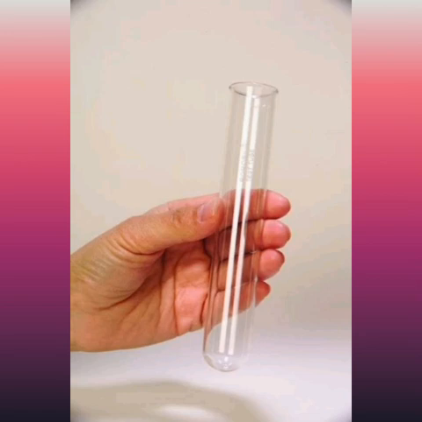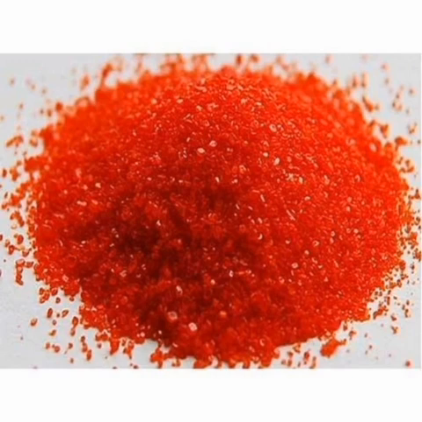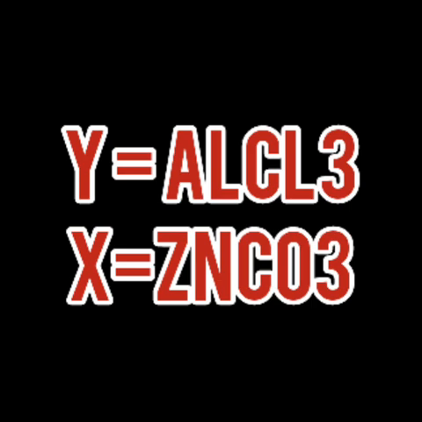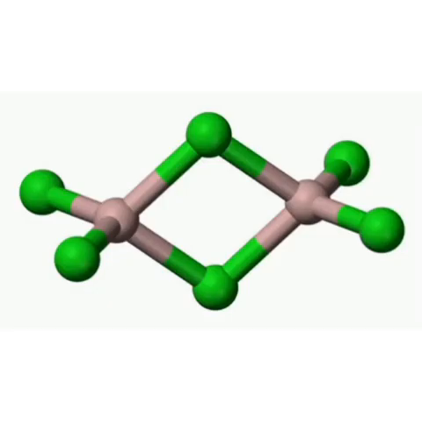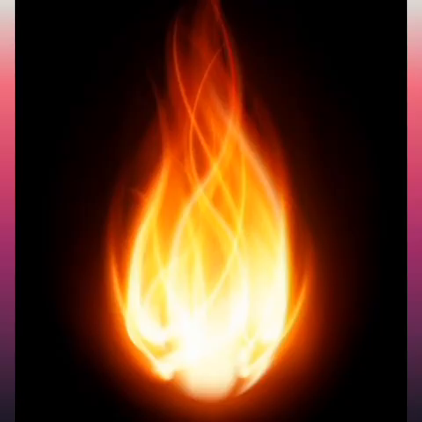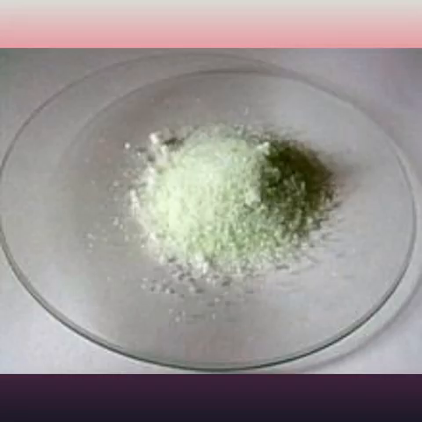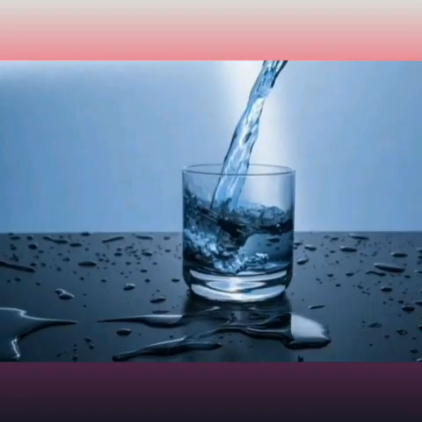For aluminium chloride, we'll label it as Y, and for zinc carbonate, we're going to label it as X. On the day of your exam, they may say Y is zinc carbonate or X is aluminium chloride. You won't be able to know. It's a test that will be able to distinguish between both of them. But for this practical specifically, in this analysis, Y is going to be aluminium chloride and X is going to be zinc carbonate.